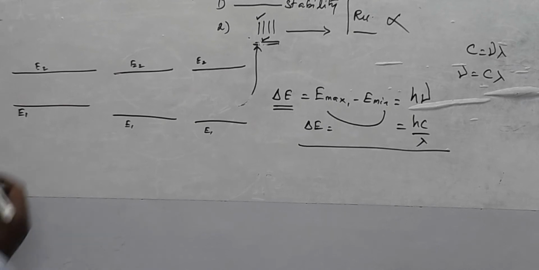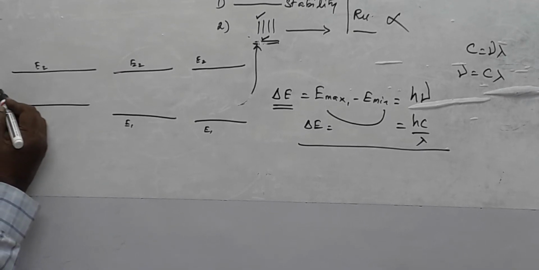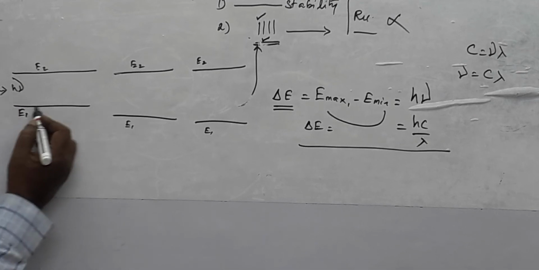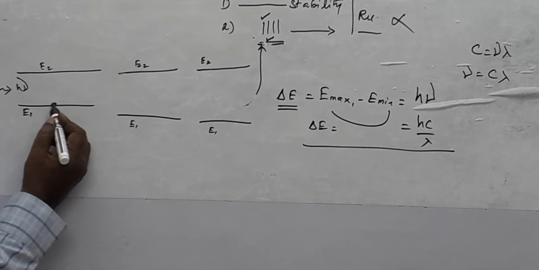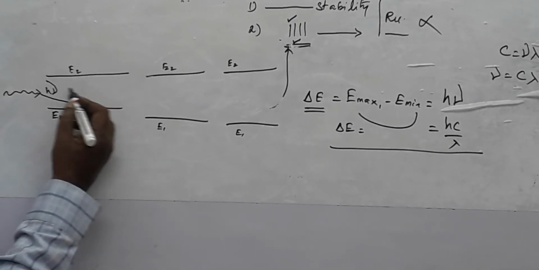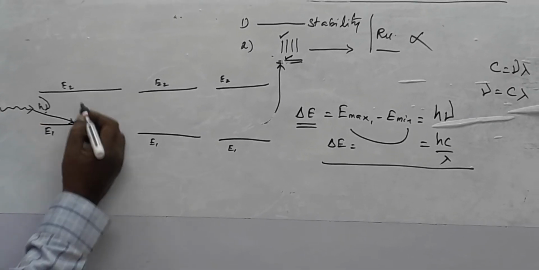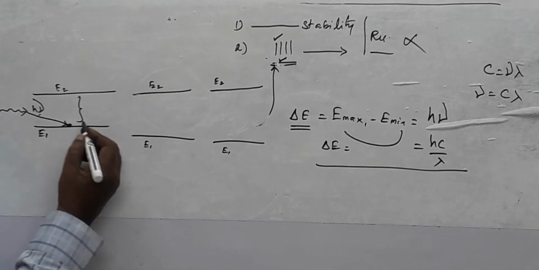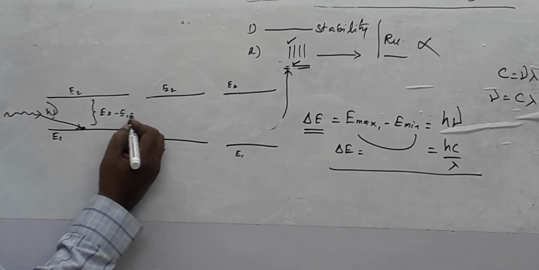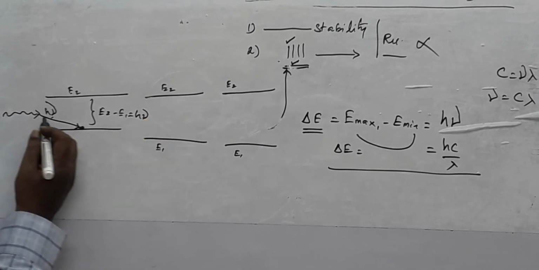Now, if h nu is the incident radiation, and the electron absorbs this energy, the h nu is nothing but the energy difference: E2 minus E1 equals h nu.